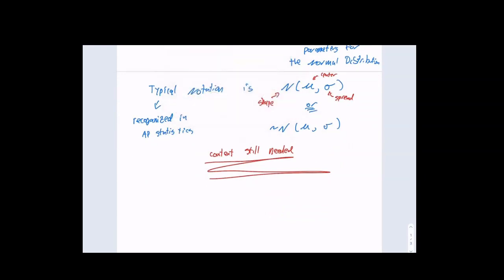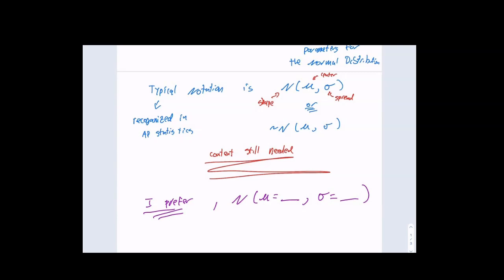I prefer normal and stating mu equals, standard deviation equals, and then writing in the values, because a lot of you, especially as we begin this topic, will forget which one is the mean and which is the standard deviation. Later in this course, you're going to do something like normal CDF, as we'll talk about in tomorrow's class, and we don't recognize that as proper notation.